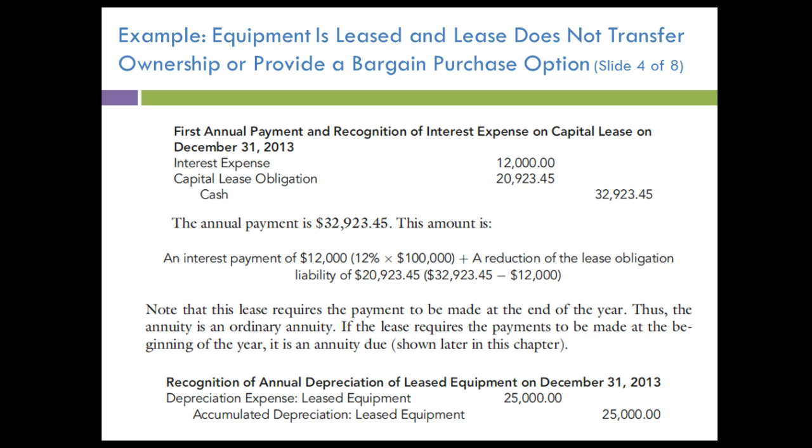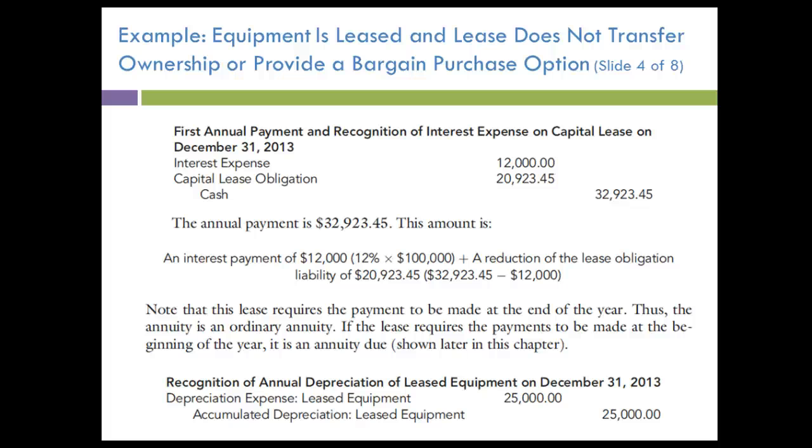Now, the first annual payment and recognition of interest on the capital lease, we're going to show the interest expense by reporting the rate of 12% on $100,000, or $12,000. We know the payment is $32,923.45.